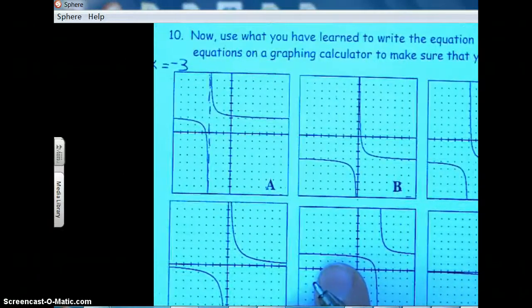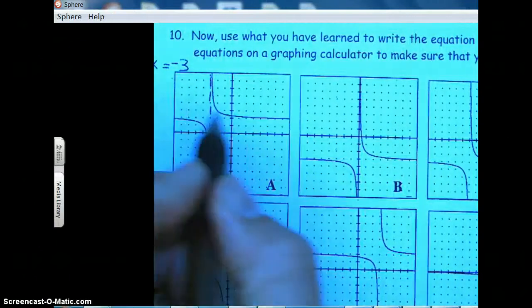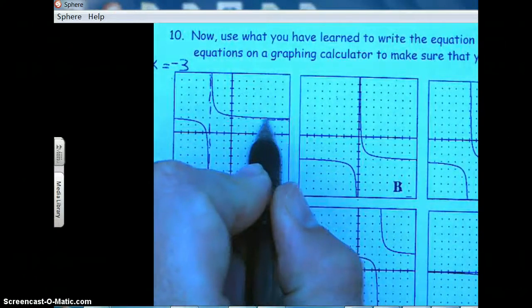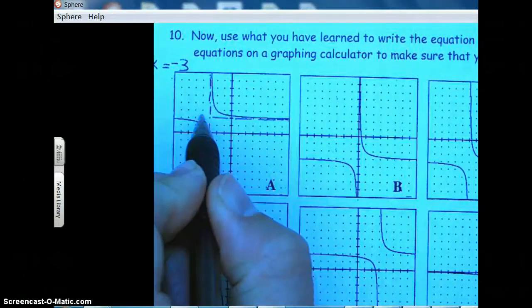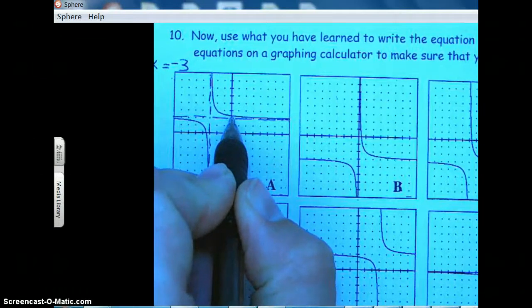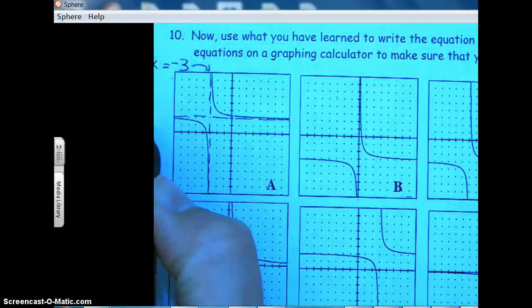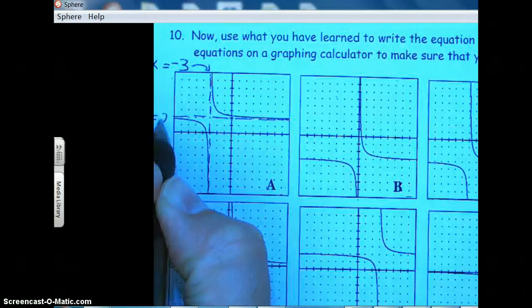Okay? Next thing, horizontal asymptote. Right here. This one's at y equals 2. So that's for the vertical. Y equals 2 is for the horizontal.